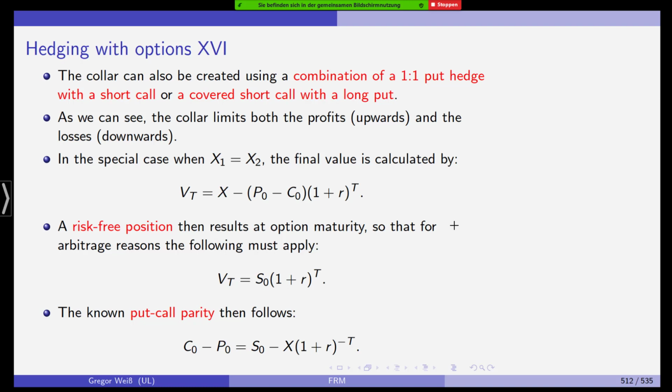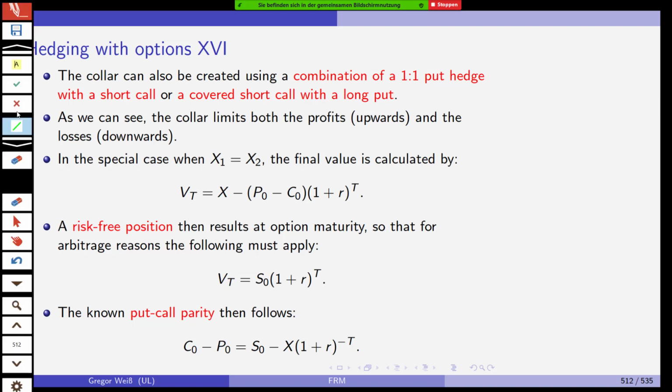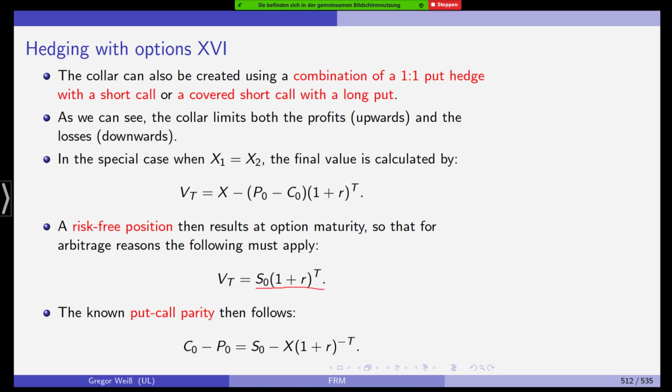If the two strikes, X1 and X2, are the same, we can calculate the final value as the strike X minus P0 minus C0, compounded until capital T. Now, a risk-free position then results at option maturity, so for arbitrage reasons, it has to be equal to the amount S0 invested at the risk-free rate, and then suddenly and surprisingly we get the famous put-call parity.